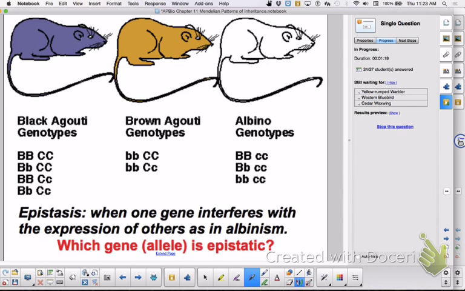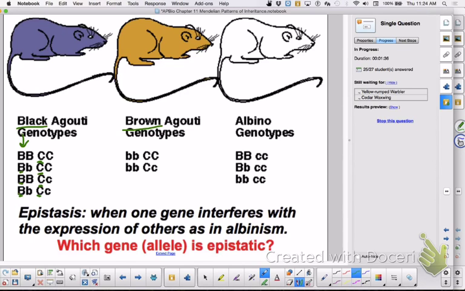One big C. Now, as far as what color you're going to be, whether black or brown, that depends on the B part of it, right? If you have at least one big C with at least one big B, then you will be black. To be brown, you still have to have at least one big C, but you have to be homozygous little b, little b.